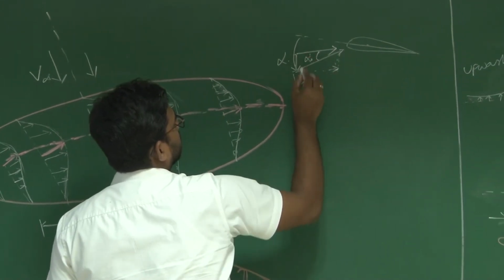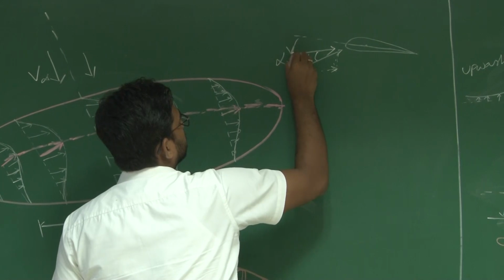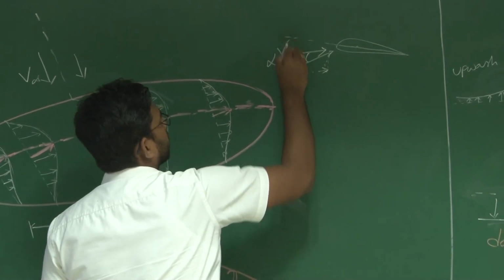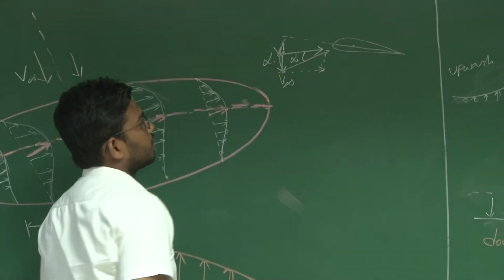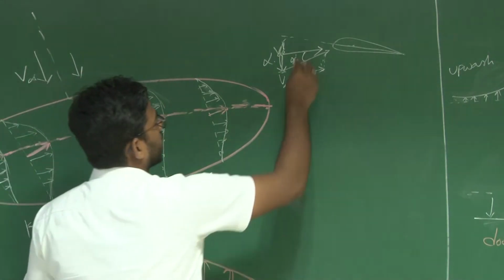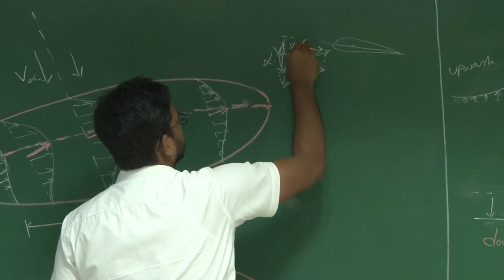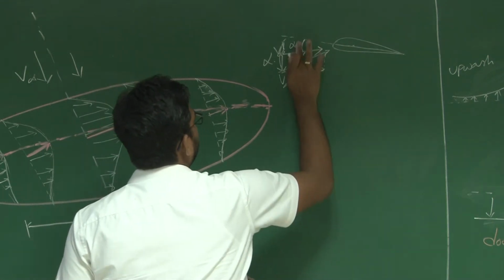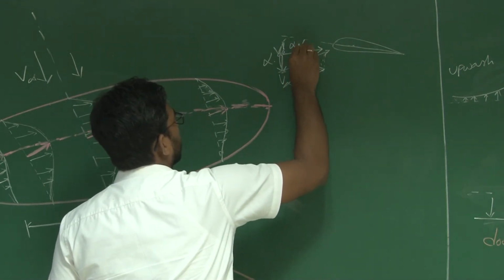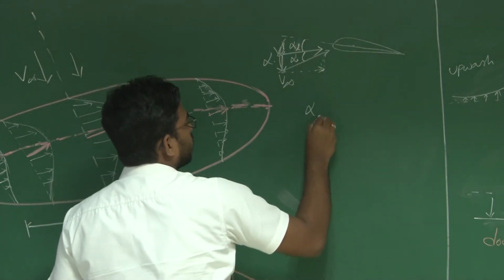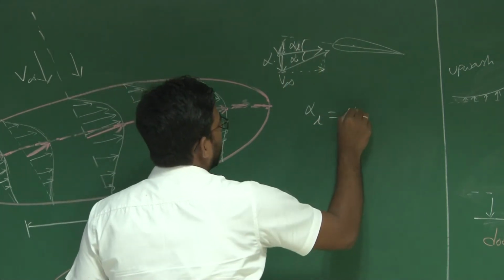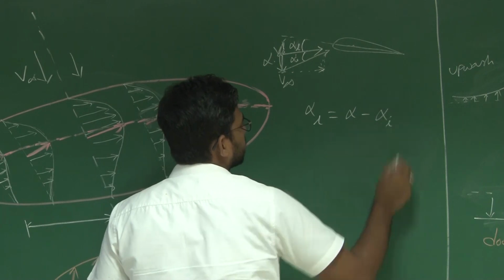So this is your actual V infinity at that particular location, V infinity prime. Okay, so the effective angle of attack for this aerofoil, or the local angle of attack here, is alpha L. So this alpha L is equal to alpha minus alpha I.